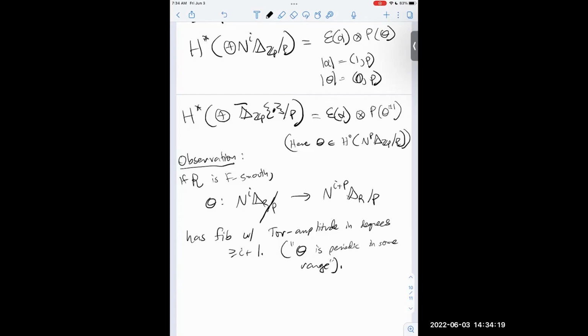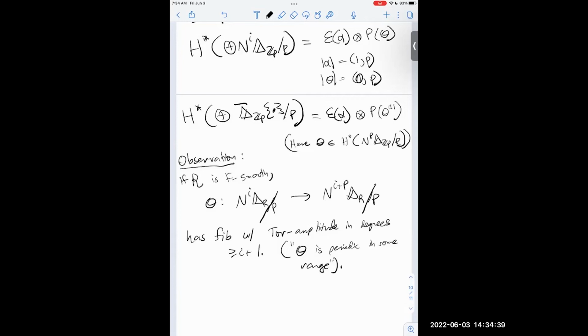Then it is a module over R mod p, but you have to take R mod p in a derived sense. So when you do Tor amplitude, is it over R or over R mod p? I was actually saying over R.